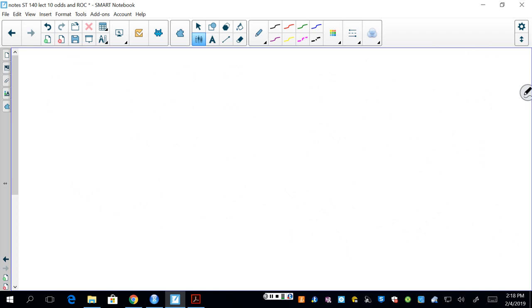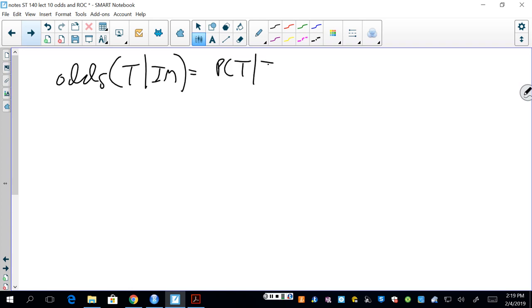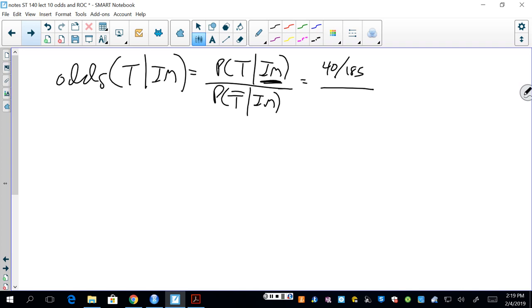How about the odds for tonsillectomy among those that have IM? It's the probability of tonsillectomy among those with mononucleosis over the chance that you don't have that with mononucleosis. A little bit different from the other one. Different denominator. There's 40 individuals who had both, but now the denominator would be 185 because it's asking among those.